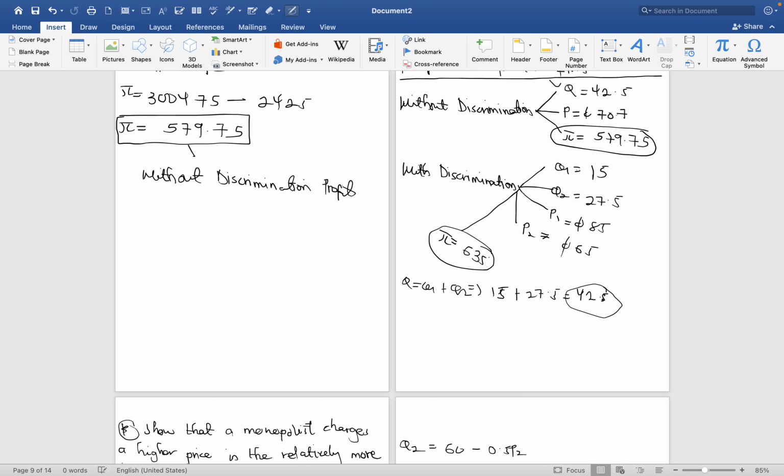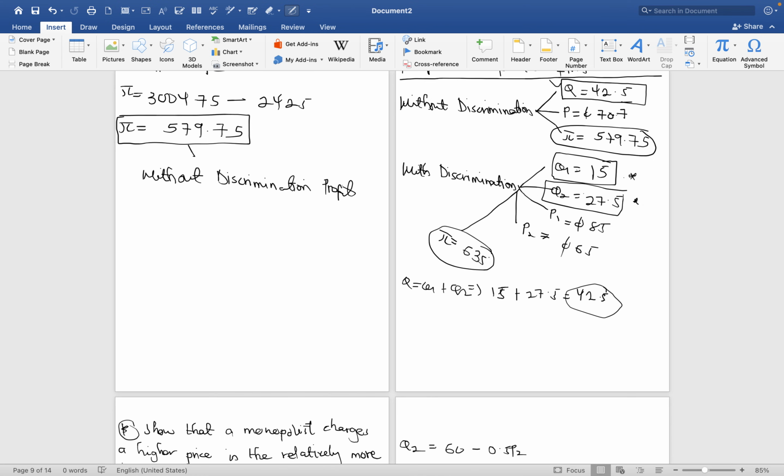In comparing this, you notice that with discrimination we sold one quantity 15, another quantity 27.5. These are various quantities, but without discrimination we sold just a single quantity. And in the question they stated that Q is equal to Q1 plus Q2. If I add these two, it gives me the same 42.5 as without discrimination.